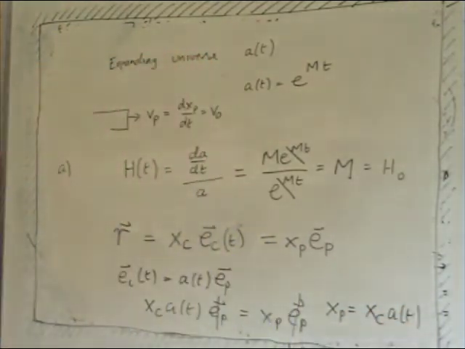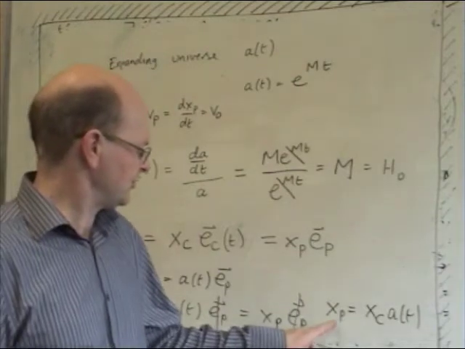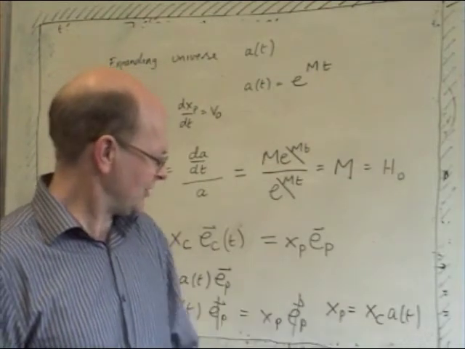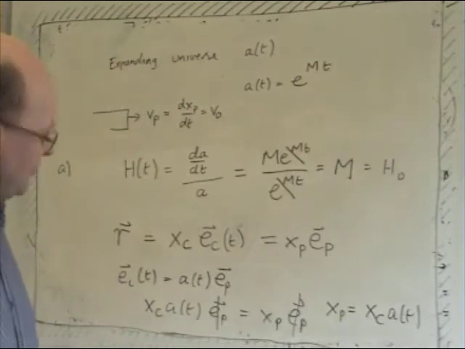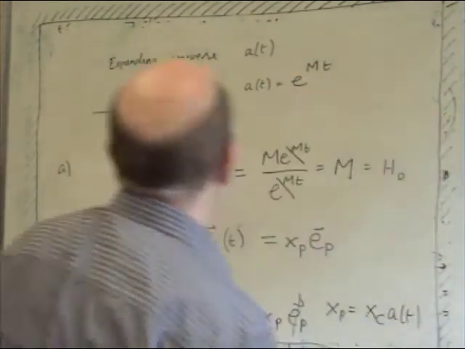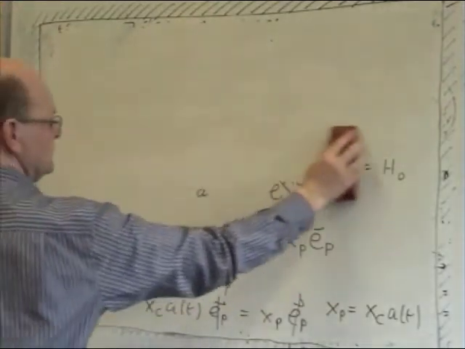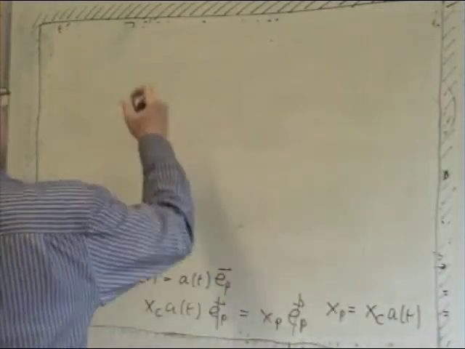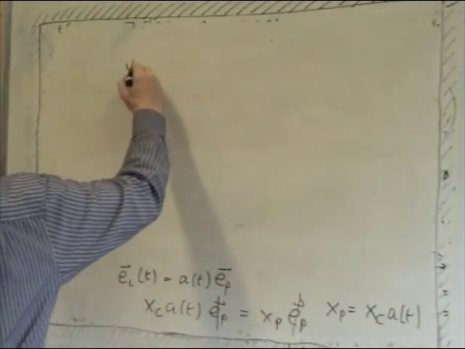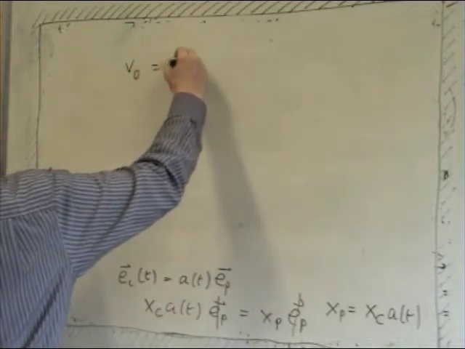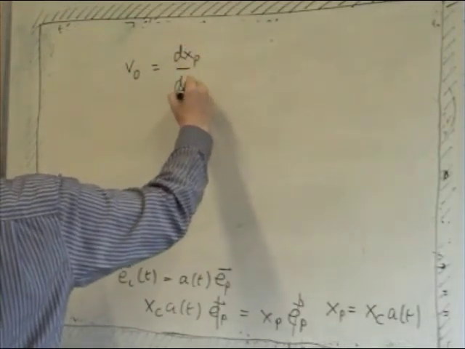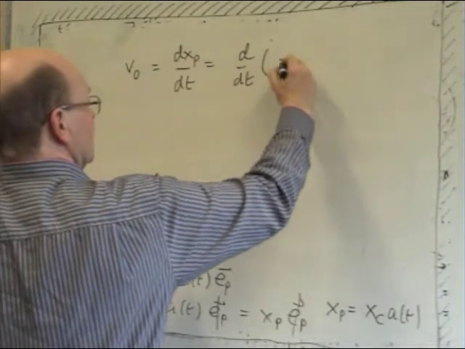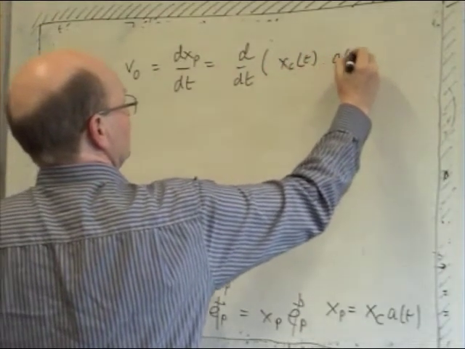Now this bullet isn't co-moving, so it really is moving away from you. So xp is a function of time, xc is a function of time because it's not co-moving, and a of t is a function of time because the universe is expanding, so all three things are functions of time. But in particular, on the left of this equation, we've got xp. Now if you do dxp by dt, you end up with this constant velocity v0, and that has to equal d by dt of the stuff on the right, xc, a function of time, times a, a function of time.